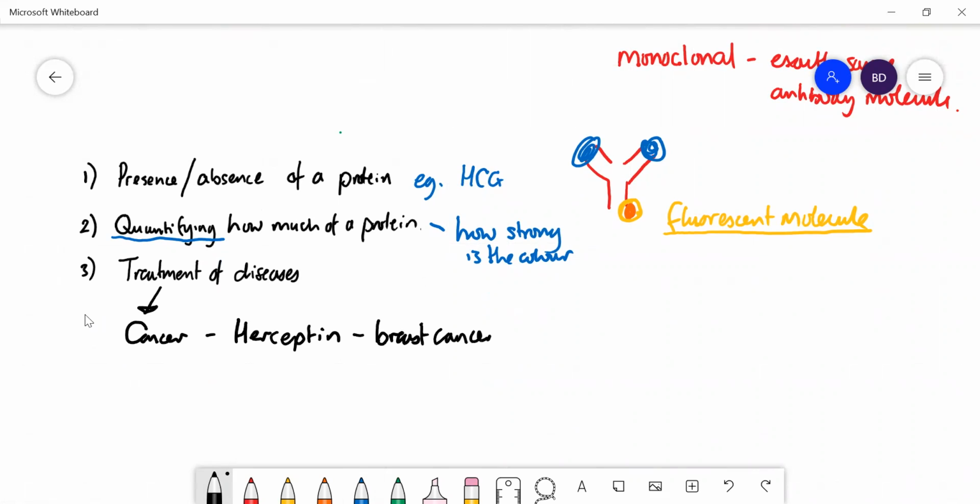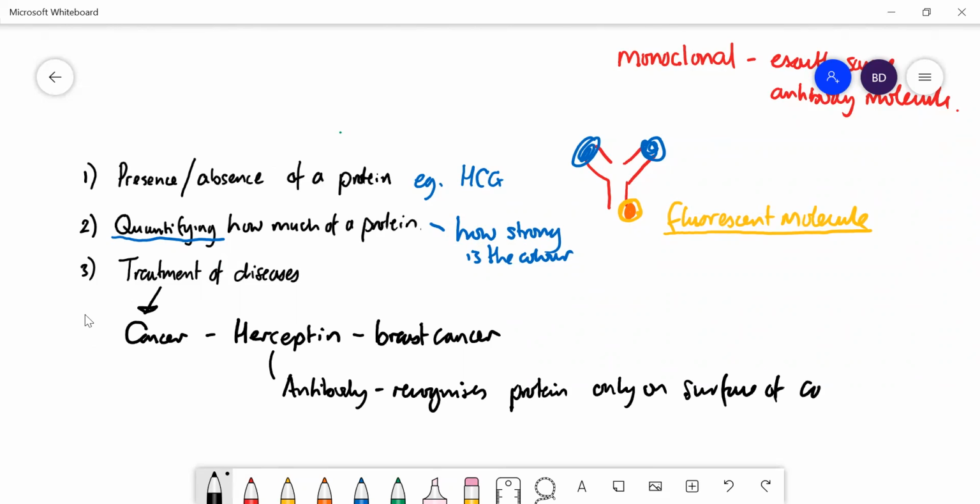Okay, so what Herceptin does, it's a monoclonal antibody that recognizes a protein on the surface only of cancer cells. So it will leave all the other cells alone and it will bind to the cancer cells.